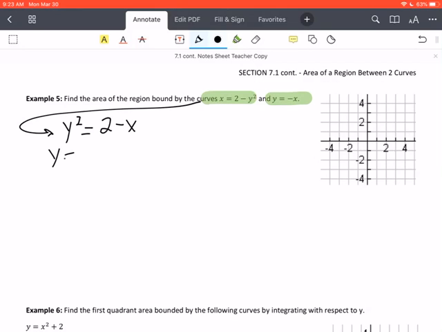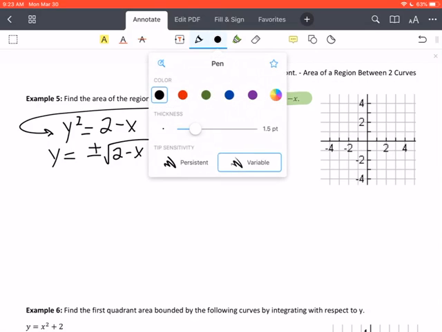So y equals, this is where you can see the two-part function, plus or minus the square root of 2 minus x. So when you look at it this way, we can see it's going to be flipped over the y-axis, and it's going to be shifted to the left 2, but really that's going to end up being to the right 2.